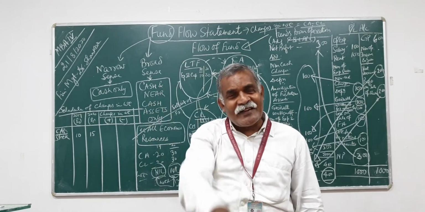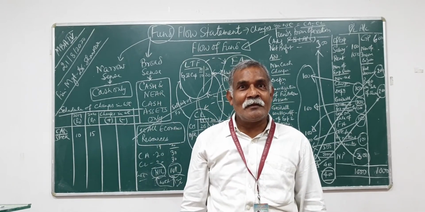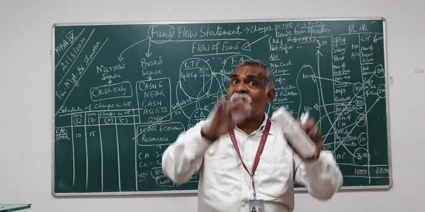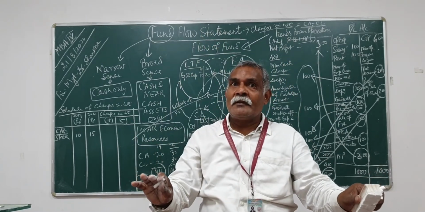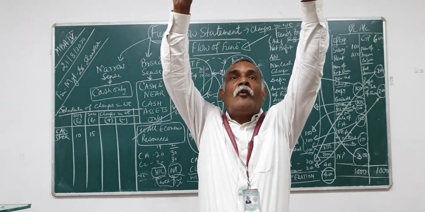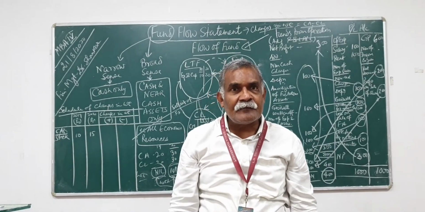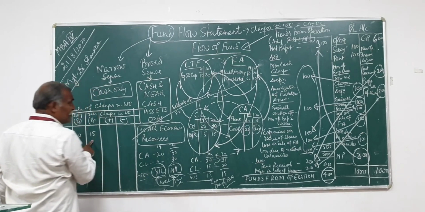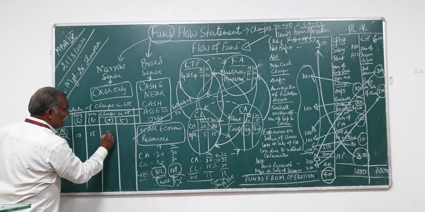If the current assets decrease, working capital also decreases. Other variables remain same. Current liabilities remain same, only current assets if increases, working capital obviously increases. Current assets decreases, working capital obviously decreases. So here, stock is increasing, working capital will increase by how much? 10 to 15, that's 5 rupees.